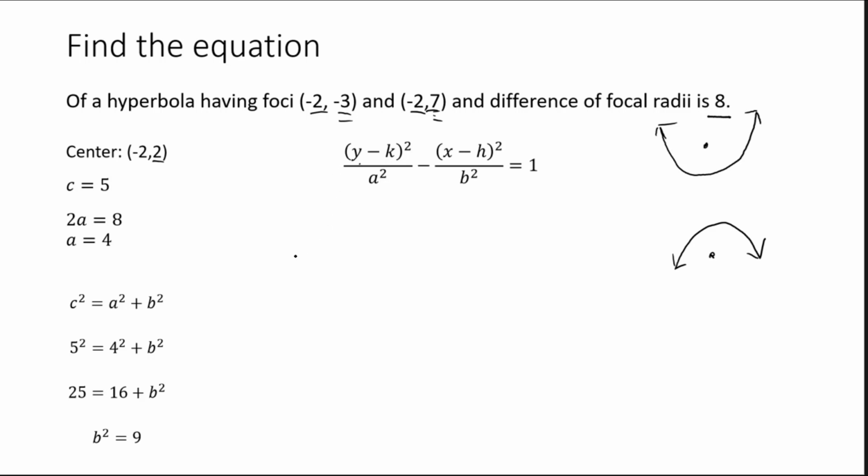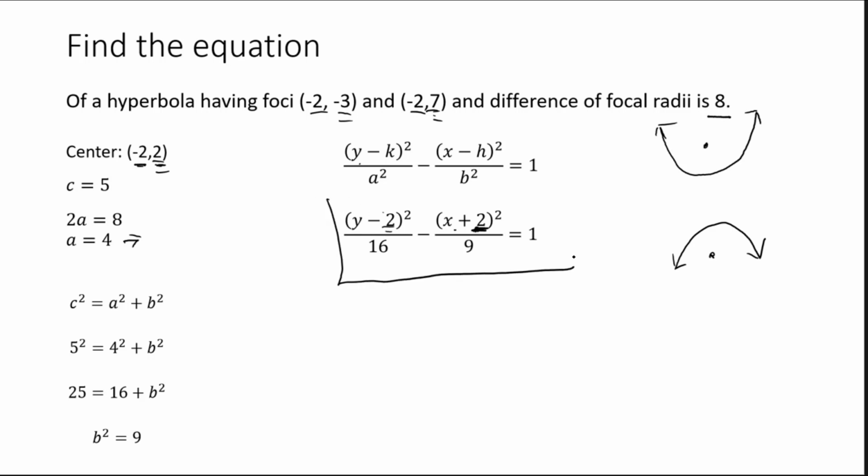And then you just plug in the numbers. a squared would be 16, b squared is 9, and then we take the opposite of -2 for the x value to get a +2. So that goes here because it goes with the x term. So this x value goes with the x term, change the sign. And this +2 changes into a -2, change the sign, and that goes here with the y in parentheses. So this would be your equation of the hyperbola.